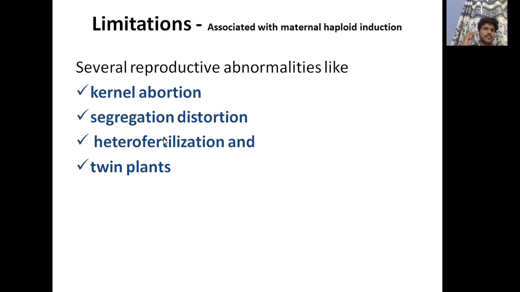Heterofertilization is when double fertilization is affected by pollen from different sources. This may be attributed to a delay, a little gap, between the pollen falling on the surfaces. And also twin plants, which may be because of the splitting of the embryo into two, which may result in haploid-diploid, diploid-diploid, and haploid-haploid plant types.